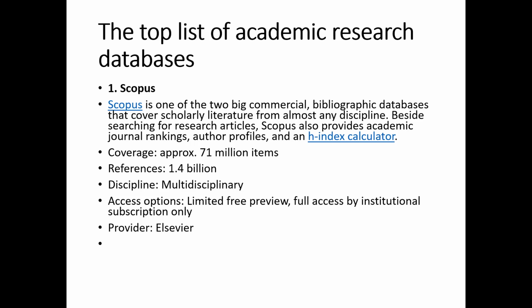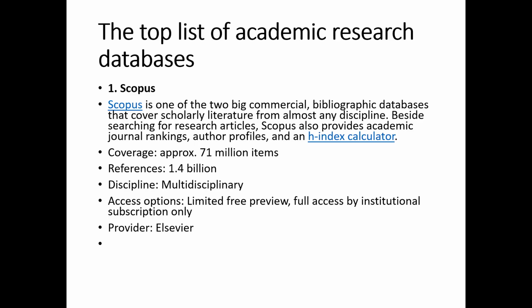And access options are limited to a free preview. So on Scopus, sometimes there is a limit on preview. That means for some papers we can only see abstracts. So if we want to read the whole article, we need to purchase it or pay a subscription fee. Then full access is by institutional subscription only.